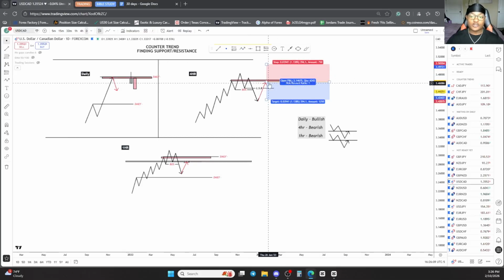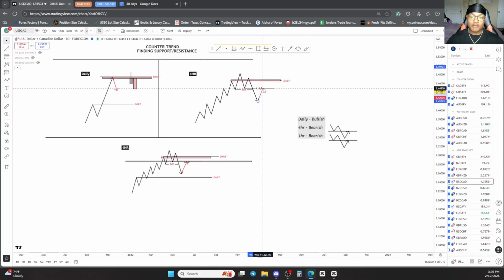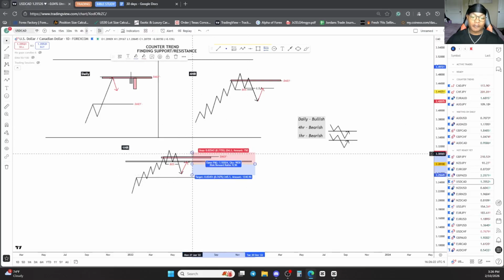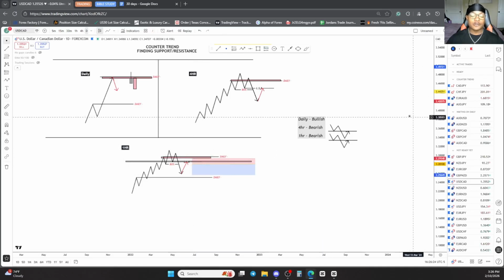You simply want to wait for price to be back below the 4-hour zone while also being back below your 1-hour zone. So now when we're taking this position, we have no interruptions that will be stopping us from continuing this move towards the downside. We're below our support, treating it as resistance.